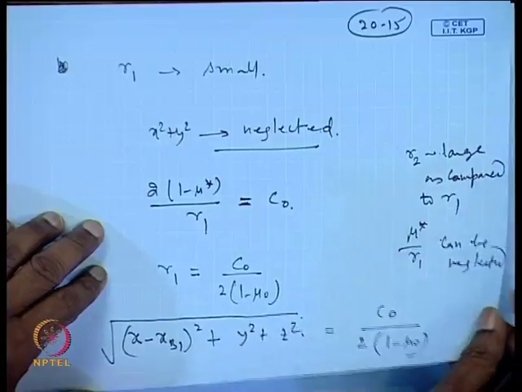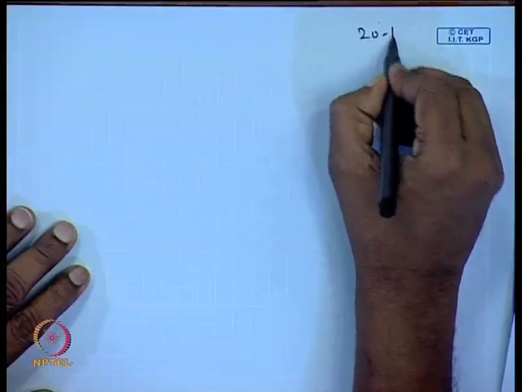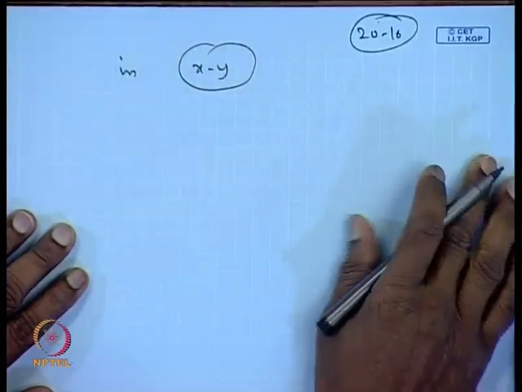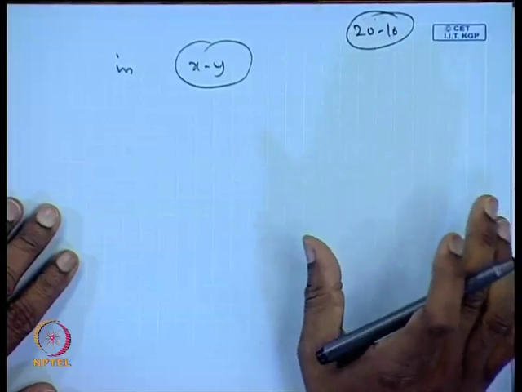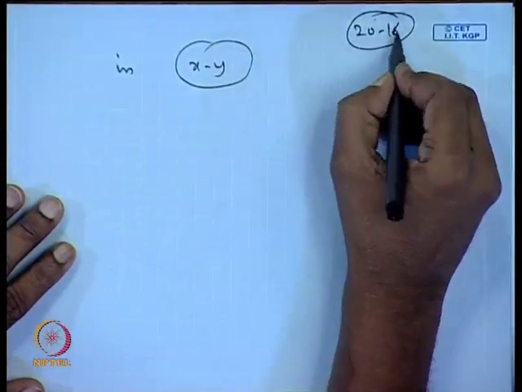And if you are working in the x y plane, obviously we will set z equal to 0. So, in the x y plane we are looking for the surface where it cuts the x y plane, so obviously there z will be equal to 0.